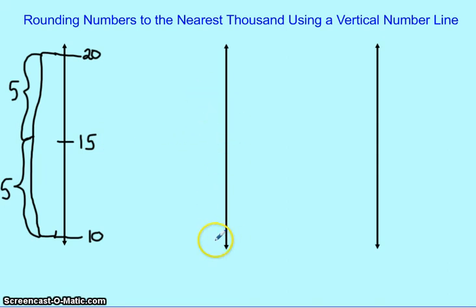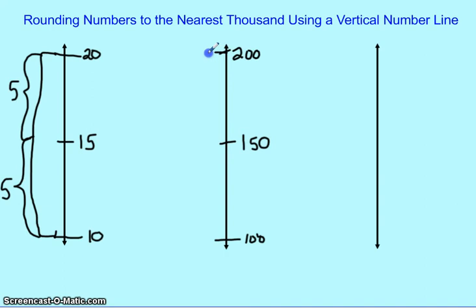Well, let's do the next number line. If you would, write one endpoint as 100 and the other endpoint as 200. Now pause the video and see if you can write the halfway point or midpoint between 100 and 200. If you said 150, you are correct.